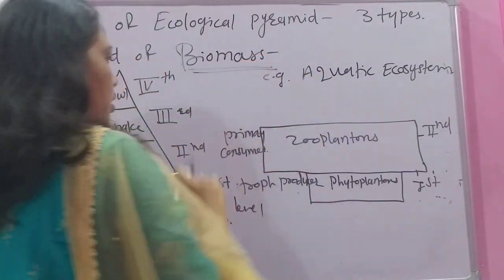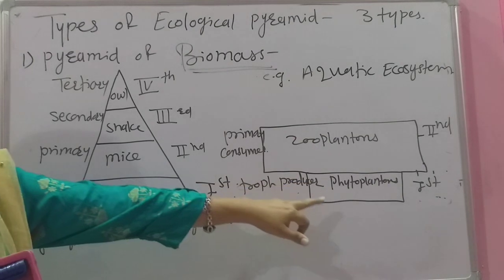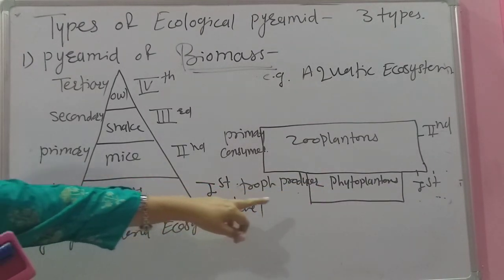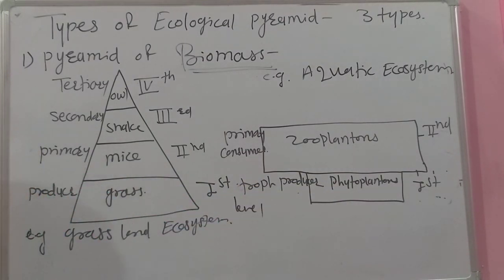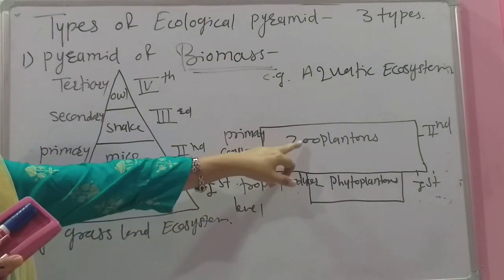In this aquatic ecosystem, the first trophic level, the producers, that is the phytoplanktons, various phytoplanktons are present in the water, and on these phytoplanktons depend the zooplanktons.